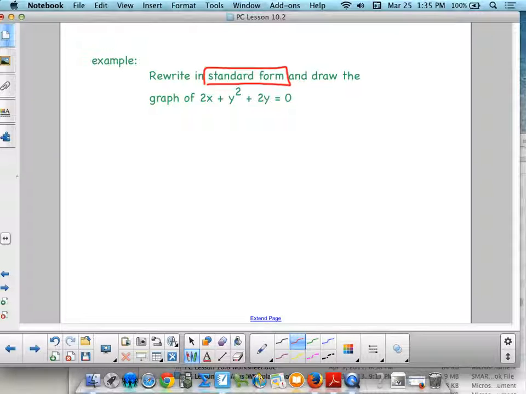Is it the y minus k squared, or is it the x minus h squared? Look at this one. Which one is squared? Y. To get it in standard form, you'd have to pick this one. Y plus k squared equals 4p times x minus h.